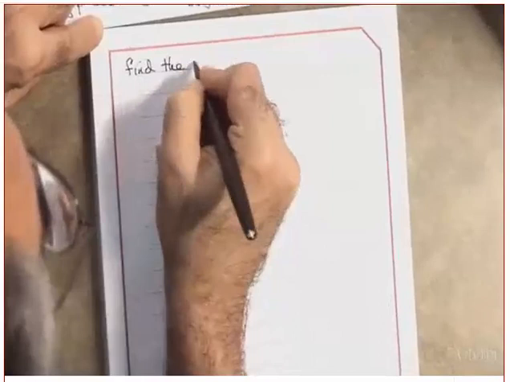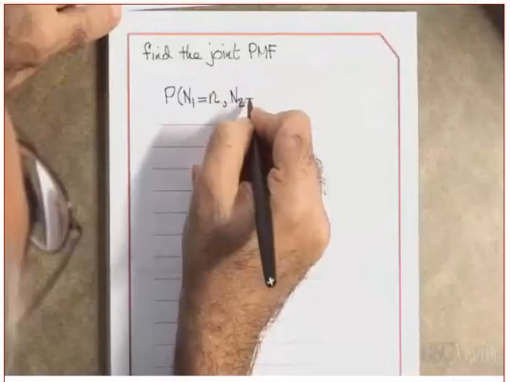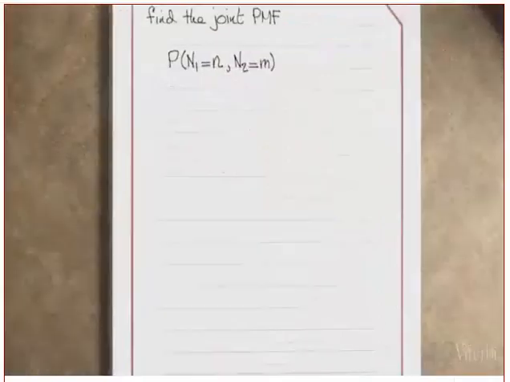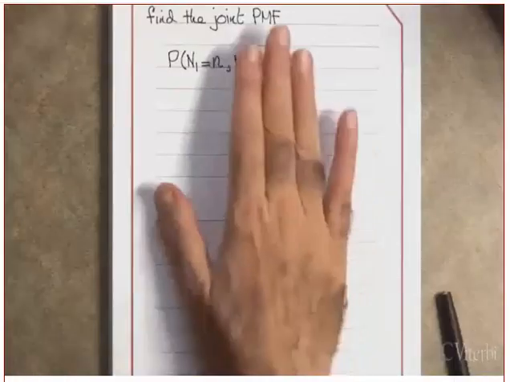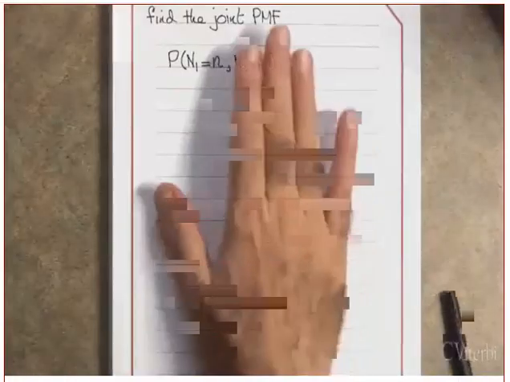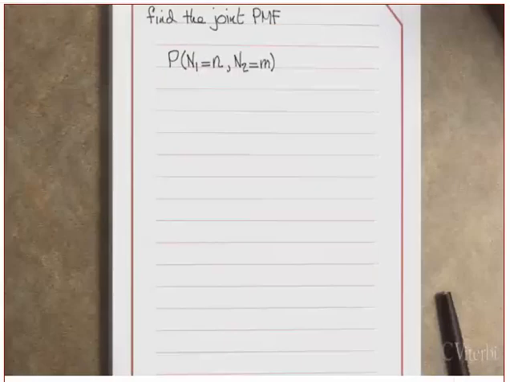Consider the following state transition diagram. 0,0, 1,0, 2,0.